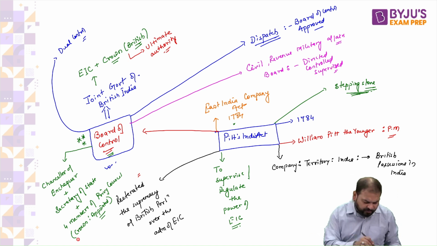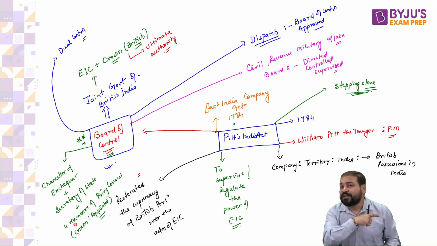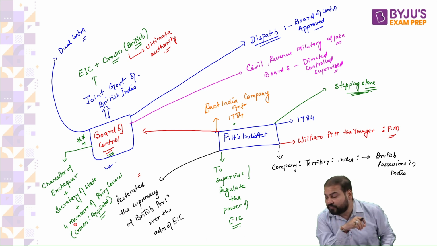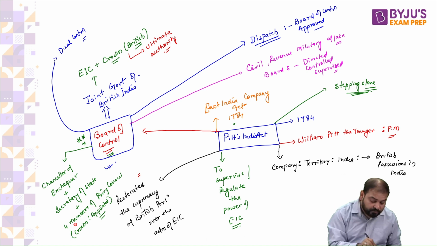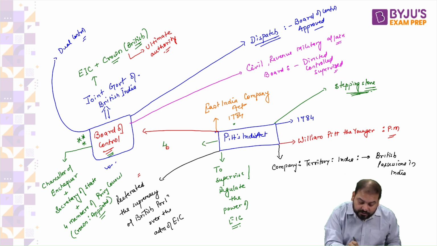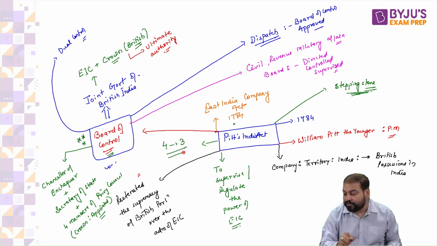That is a very small change, not that big, but let me tell you, all of you, last time in the Regulating Act, how many members were there in the council? 4. So please remember, this act reduced the members from 4 to 3.